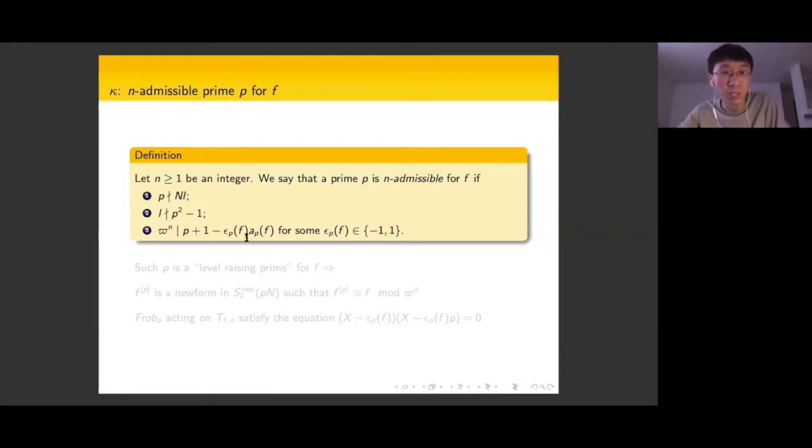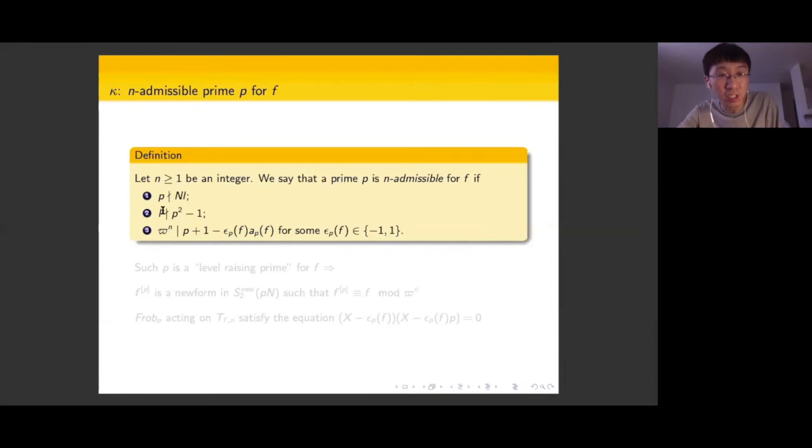So the way to think about this is that the third condition, pi to the n dividing p plus 1 minus epsilon_p times a_p(f), is sort of equivalent to the fact that locally at p, the automorphic representation for this modular form looks like a Steinberg representation.